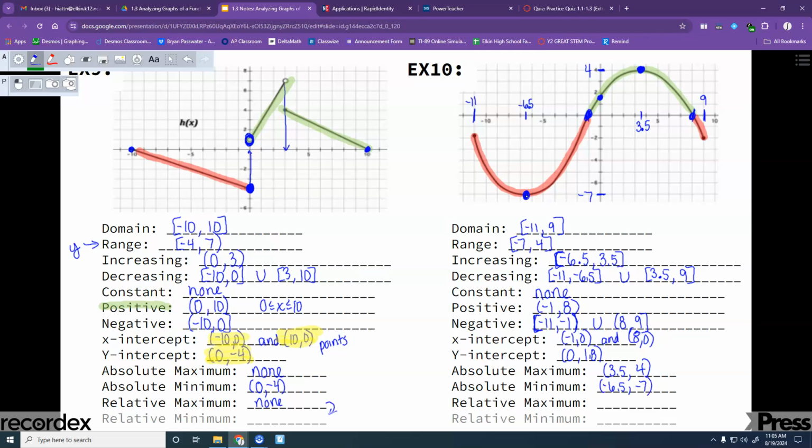And relative maximums and minimums. These points are definitely my absolute, but are they also relative maximums? Our definition for relative maximum is that we switch from decreasing to increasing, or increasing to decreasing. So while they are absolute, we could also call them relative. I'm just going to draw an arrow here. Our absolute maximum is also a relative maximum. Our absolute minimum is also a relative minimum for that.